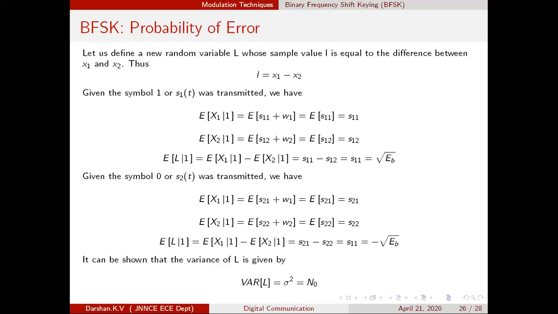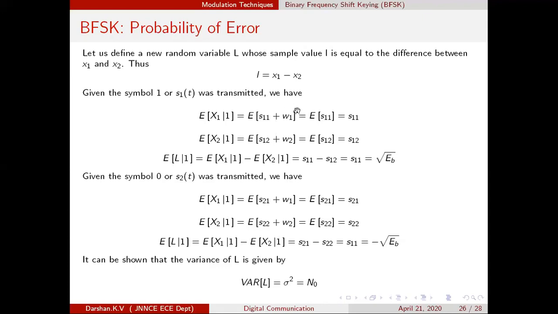Now let us consider two cases. What are the only two cases we can consider? Symbol 0 transmission and symbol 1 transmission. Any one is sufficient, but for the sake of understanding, both the conditions have been given in the textbook and in this PPT. So let us assume that symbol 1 or S1 of t has been transmitted.